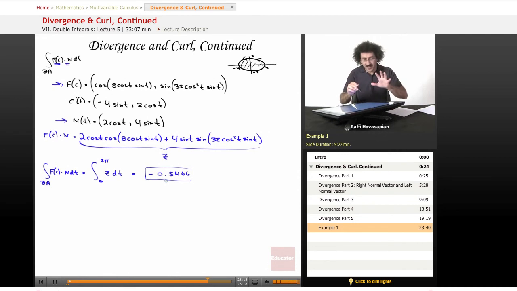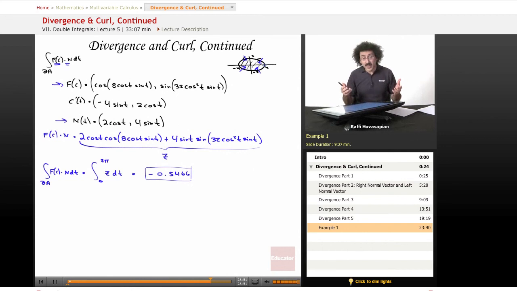Negative flux means that the vector field is not moving across the curve outward, it's moving inward. The vector field is contracting, fluid is flowing into the region, not out of the region. That's what this is telling me, if this particular vector field happened to represent fluid flow across this ellipse.